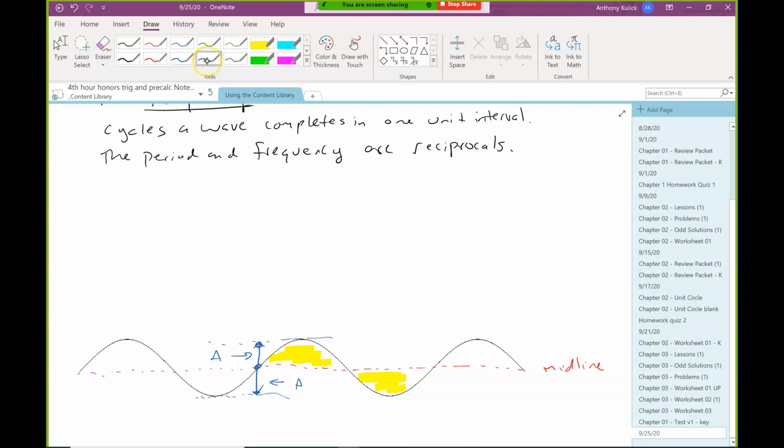Okay. The period is like one non-repeating segment of the graph. I think the easiest way to see that is from midline back to midline, basically. So if we start at the midline here, we have a crest. That part hasn't repeated yet. Those are two distinct pieces.